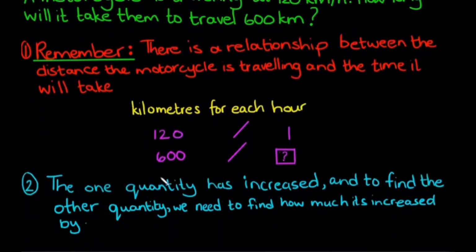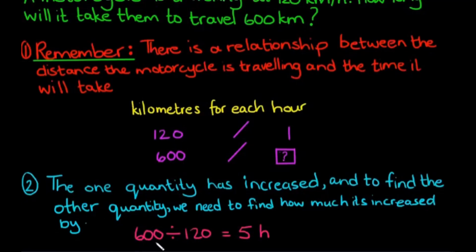So the one quantity has increased, and to find the other quantity, we need to find how much it has increased by. So for this one, we'd have to divide the two distances.